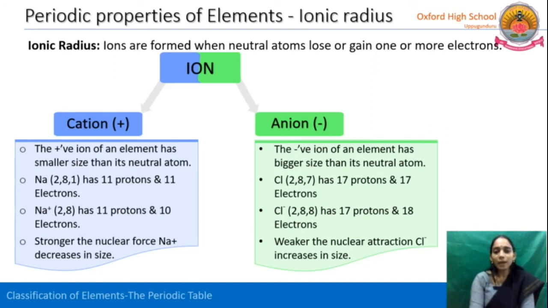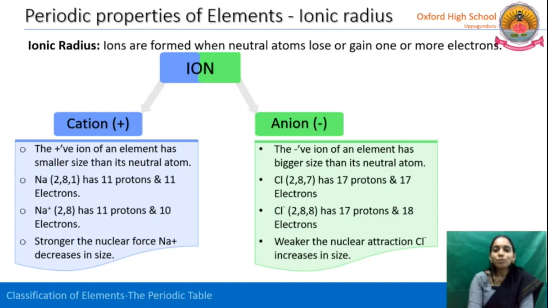Whereas coming to anion, the negative ion of an element has bigger size than its neutral atom, because it attracts 1 electron. So the number of electrons increases. See here, the chlorine atom has atomic number 17, so its configuration is 2, 8, 7, with 17 protons and 17 electrons.